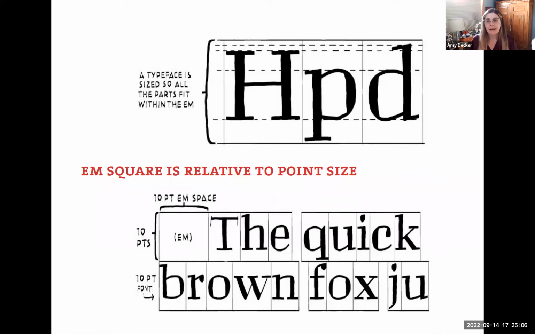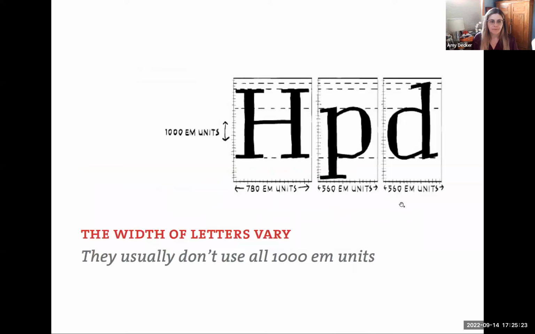You can see how if you have a long ascender and descender and a short X height, that affects the size and the look of the typeface. So that's how type is measured, not by height. It's a square measurement. Obviously the width of letters varies, and they don't always use all of the 1000 M units.